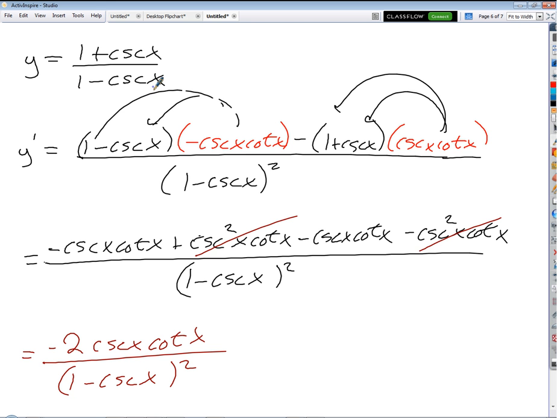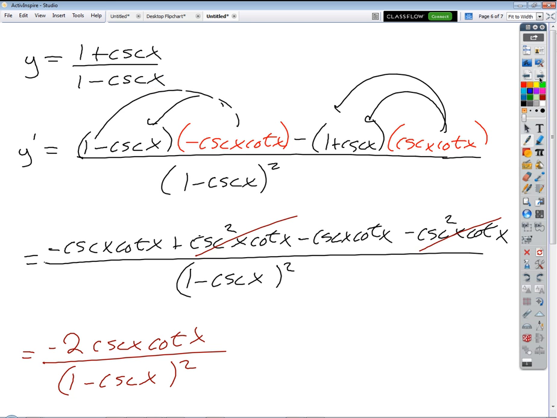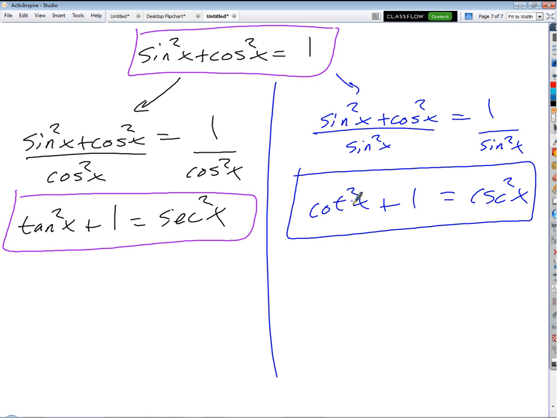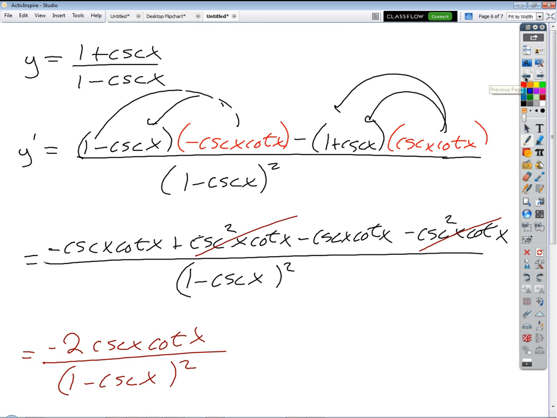If I multiplied by 1 plus cosecant x on the bottom, I'm going to end up with a 1 minus cosecant squared, which is going to give us negative cotangent squared, right? But then on the top, we're going to get a mess. We're going to get a bunch of cross terms. We're going to get the cosecant squared, but we're also going to get a 2 cosecant, see what I'm saying? So probably that's not going to do us well, but it's a great idea, and sometimes that'll work. Sometimes that's something that will end up being a good thing to do.